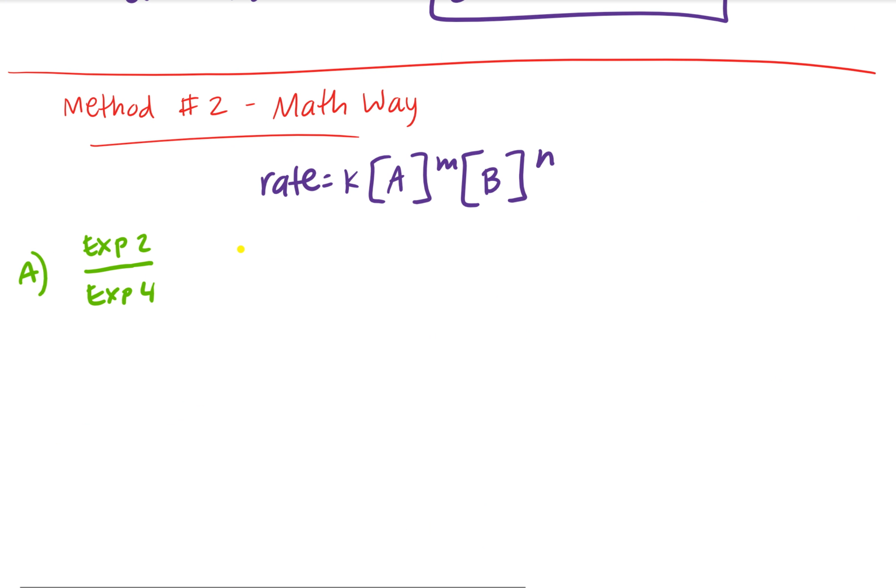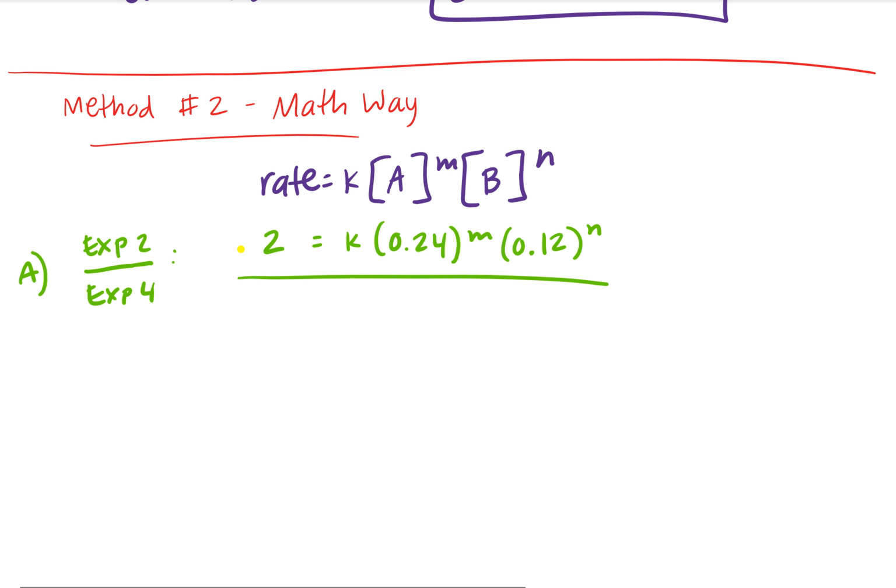So the rate for experiment number 2 is 2. I don't know K, so I'm just going to simply write that down. But I do know the initial concentration of A is 0.24 raised to some power of M times the concentration of B, 0.12 raised to the power of N. And we're going to divide that by everything that we know about experiment number 4.